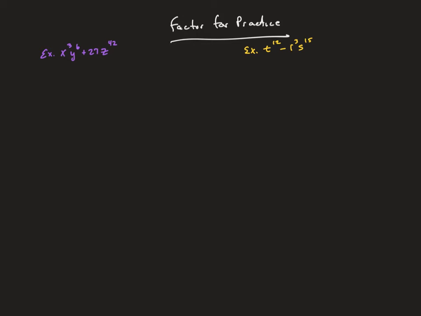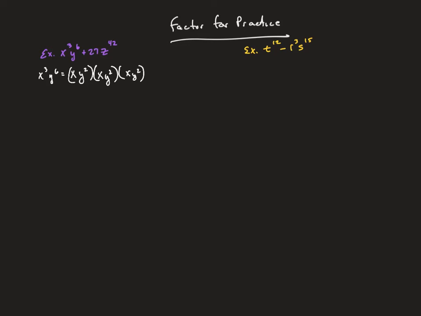So breaking these down as we begin, looking at x cubed y to the 6th, that is going to be the same thing as xy squared times xy squared times xy squared.